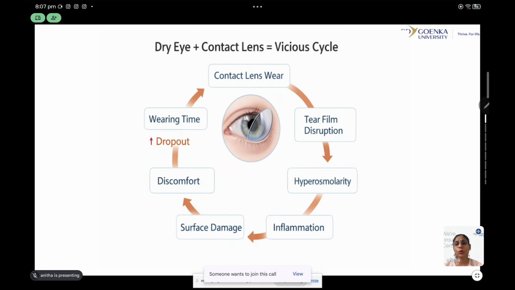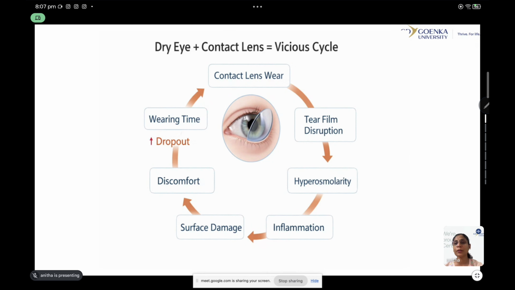Now, let us look at the vicious cycle of dry eye and contact lens wear. When somebody wears a contact lens, no matter how good the design or the material is, there is invariably a disruption in the tear film. It splits the tear film into the pre-lens tear film and the post-lens tear film. This tear film disruption causes hyperosmolarity.